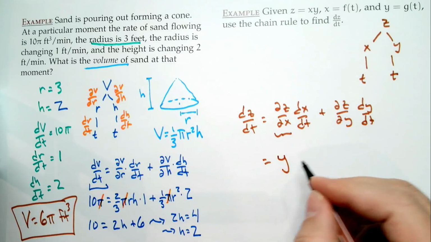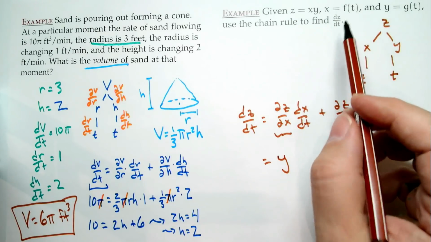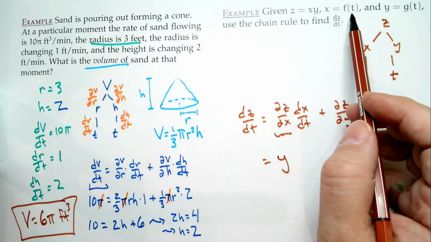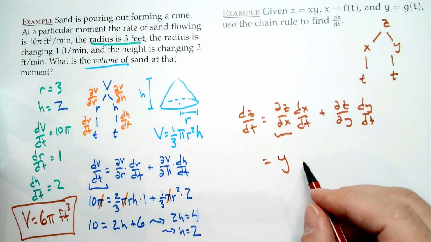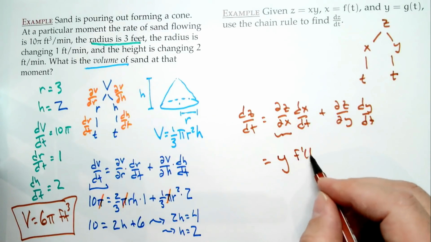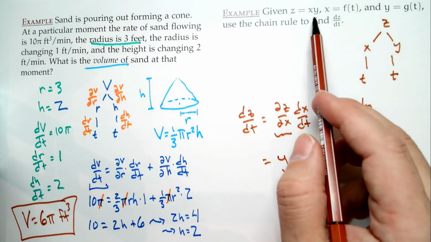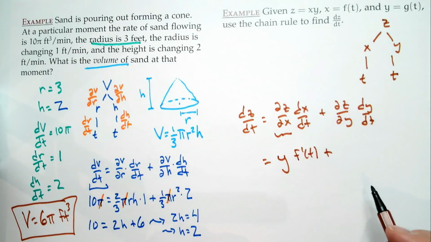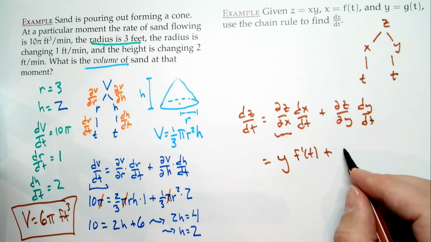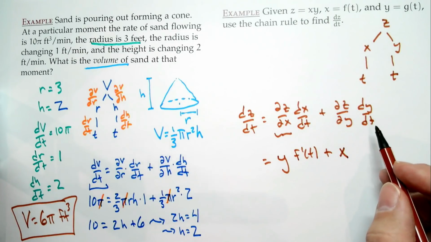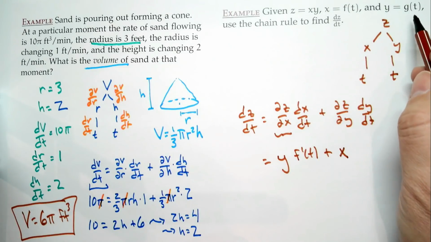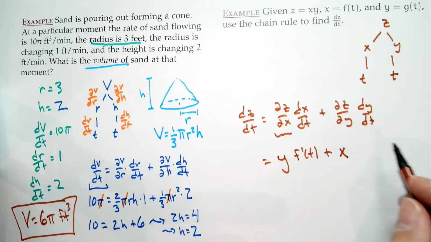All right. And then how about dx/dt? Well, x is f of t, so dx/dt would be f prime of t. Plus, okay, partial z partial y. So take the derivative of x times y with respect to y. What do you get? x. You get x times dy/dt. Well, what is dy/dt? g prime.